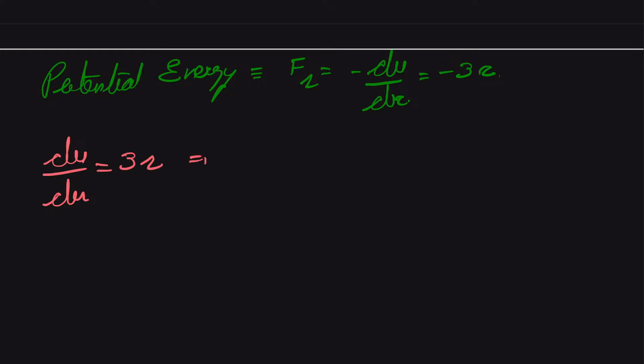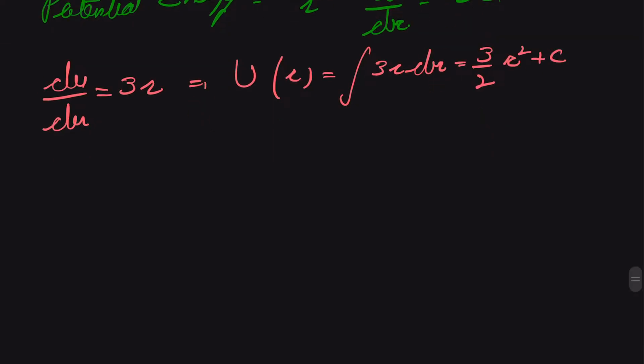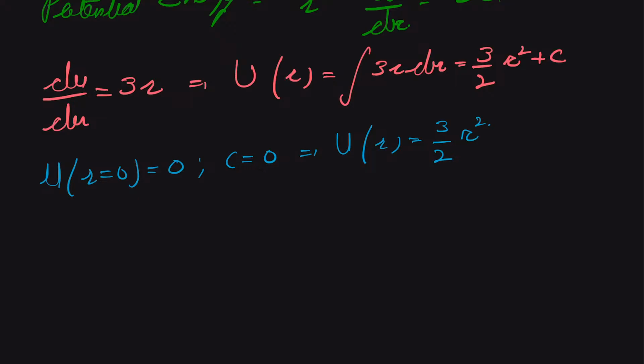So, if we integrate it, we get our potential energy at a radial distance r will be equal to integration of 3r dr, which will be equal to 3 by 2 r square plus c. Okay. And at a radial distance when r is equal to 0, u of r is equal to 0, so therefore value of c is equal to 0. So we get that energy at a radial distance of r is equal to 3 by 2 r square.